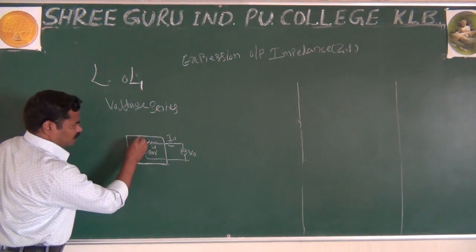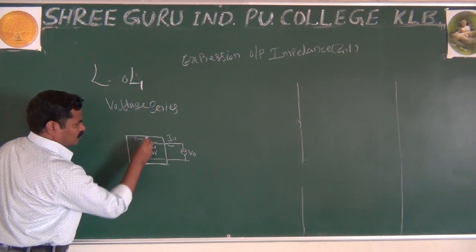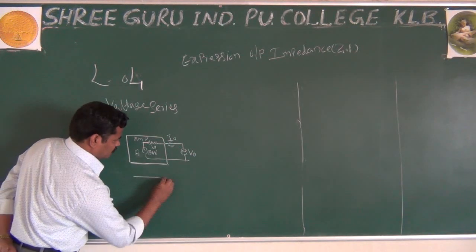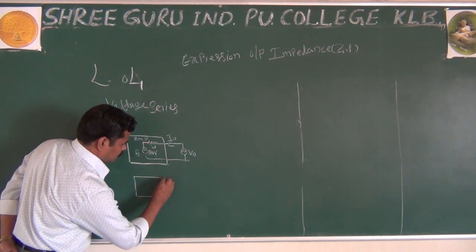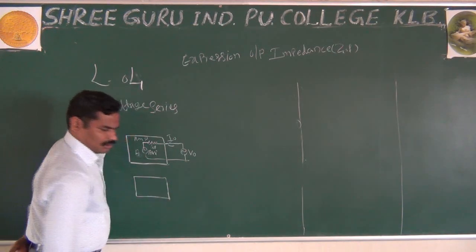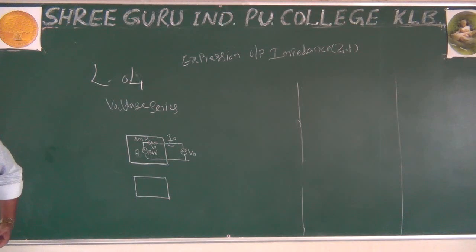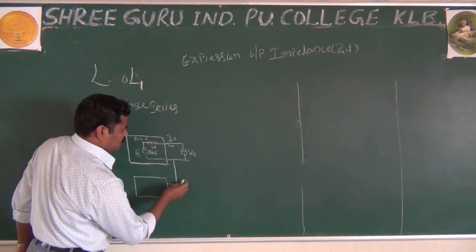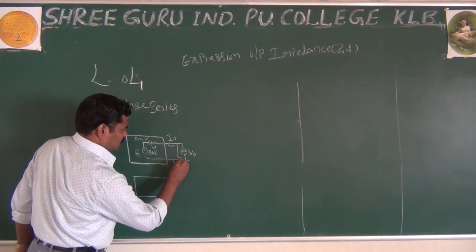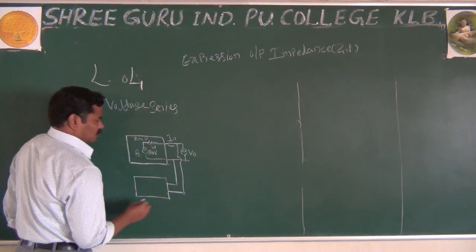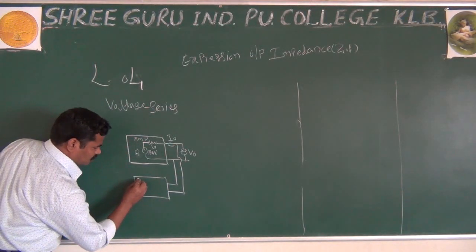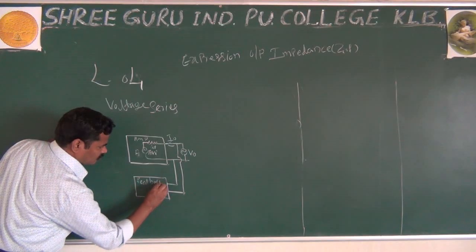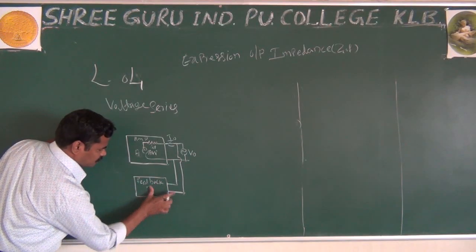It is similarly your amplifier with the gain A, and once again you are using a feedback network, that is your beta.